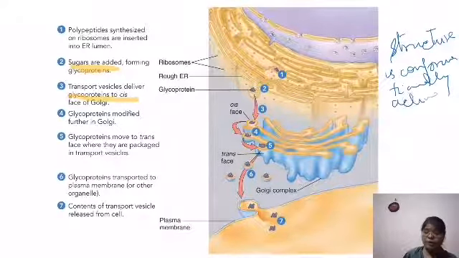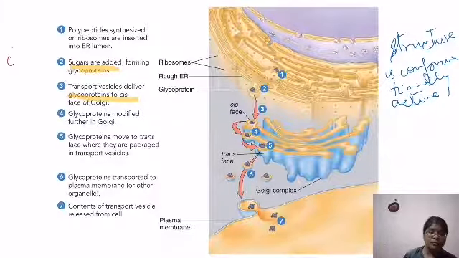If it is not active, then there is a set of proteins in your endoplasmic reticulum which we call chaperones.